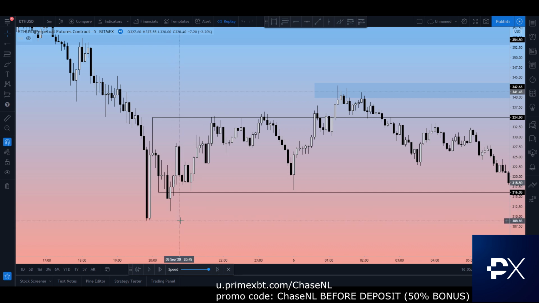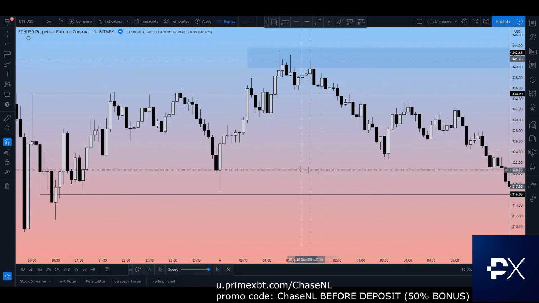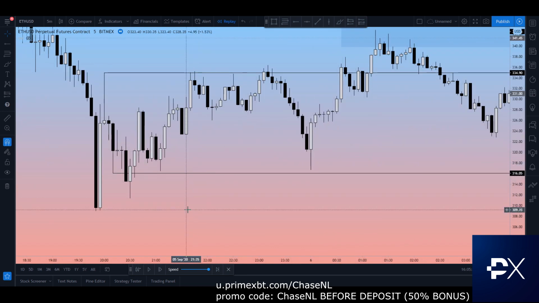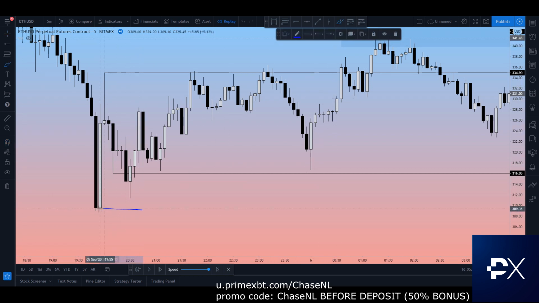Typically, you probably would want to do, well, look, here's a little tip too. I don't usually talk about these things, but don't put your stop below this liquidity right here. Just put it right on the tip of these wicks, because everyone who gets stopped out is waiting in this liquidity pool right here, right?